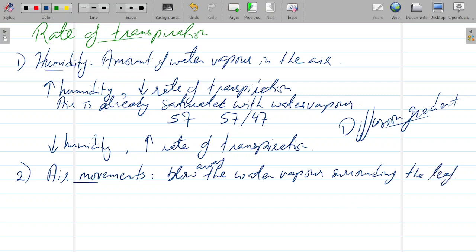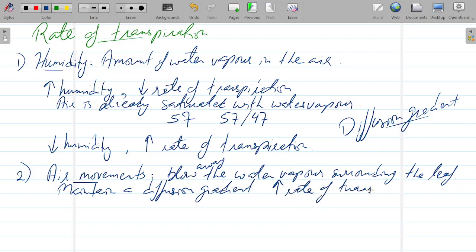That is if there is wind blowing. And so if there's any water vapor surrounding the leaf and there are air movements, all of that water vapor will be removed, and so that will maintain a diffusion gradient. And so that would cause an increase in the rate of transpiration.